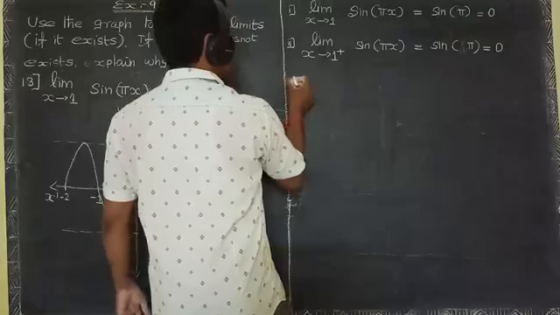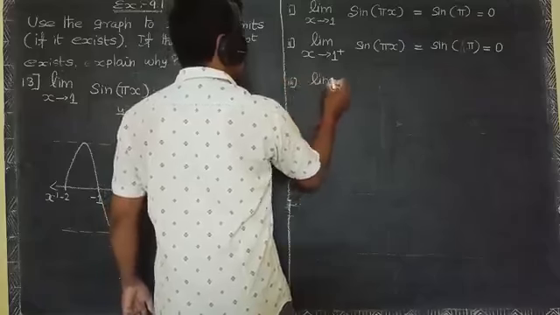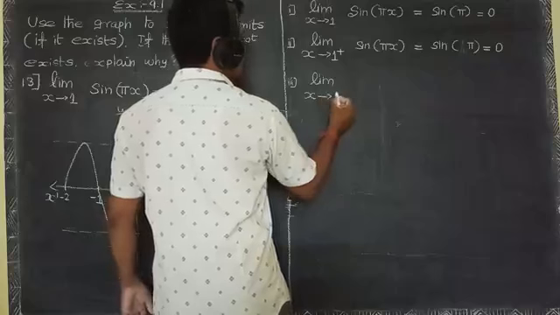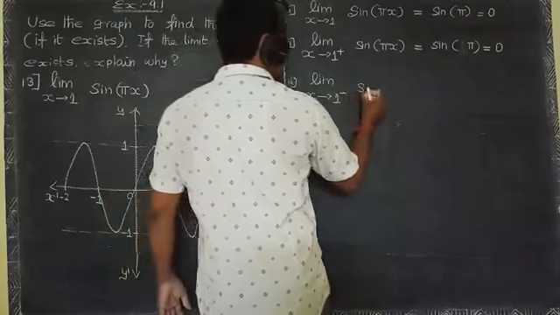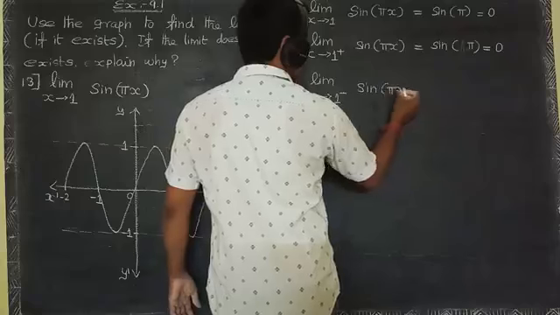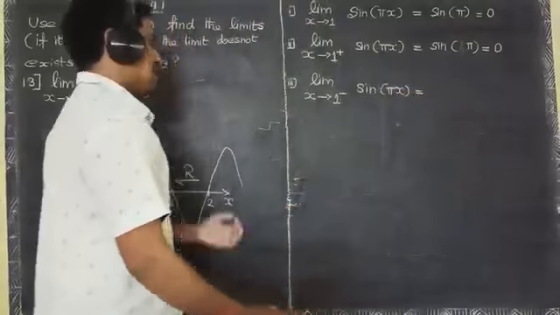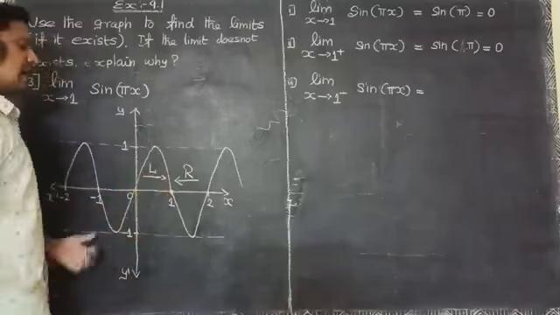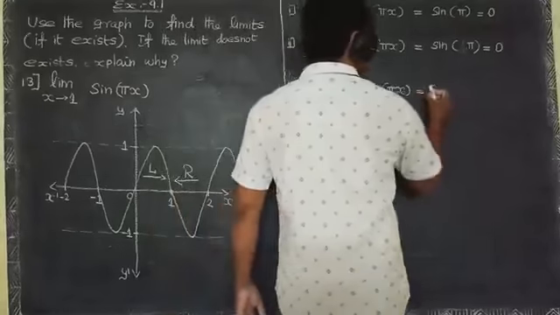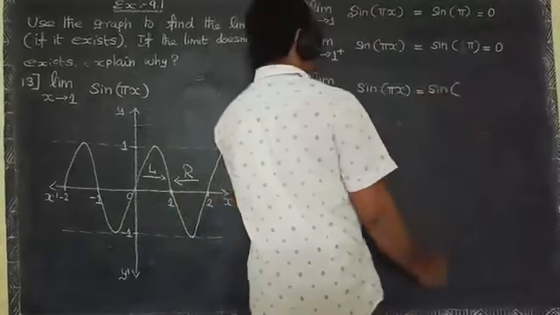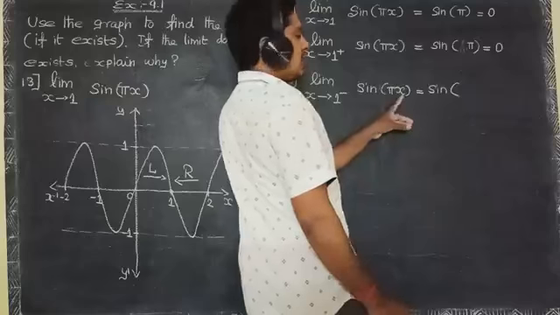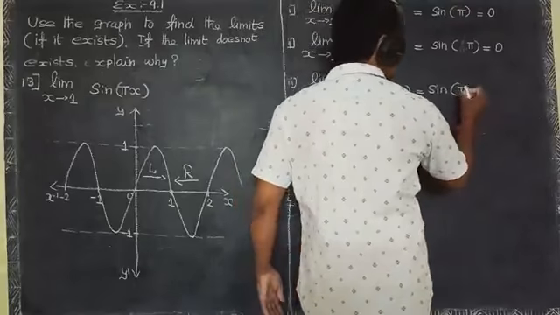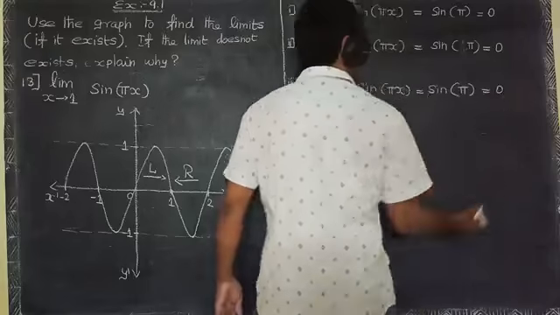In the third one, limit x approaches 1 minus of sin pi x. X approaches 1 minus means from the left side, that is sin of 1 times pi, that is sin pi. The value of sin pi is 0.